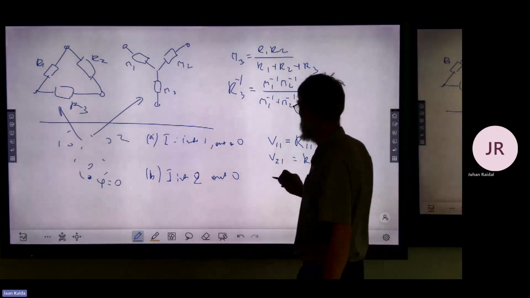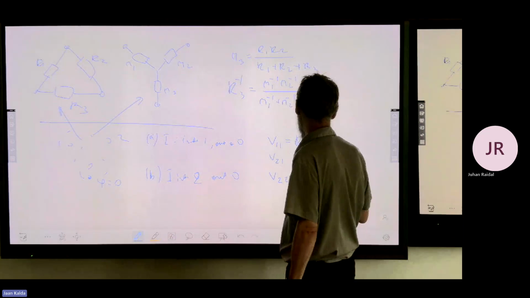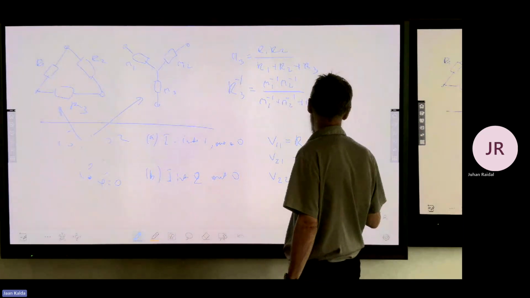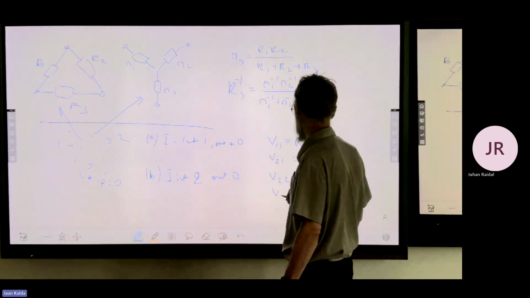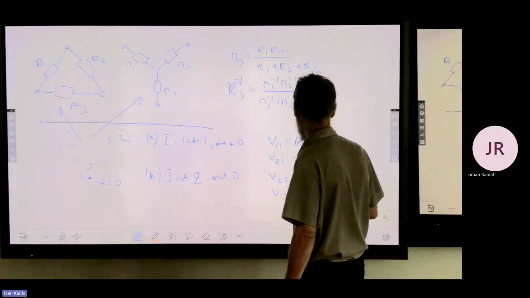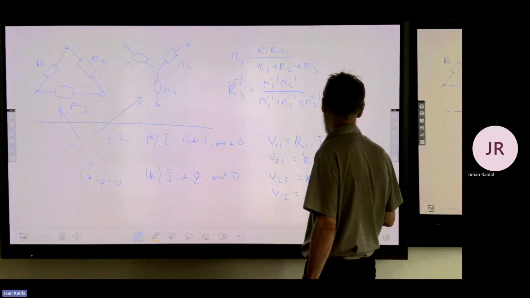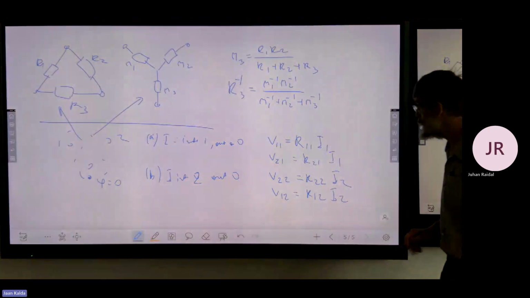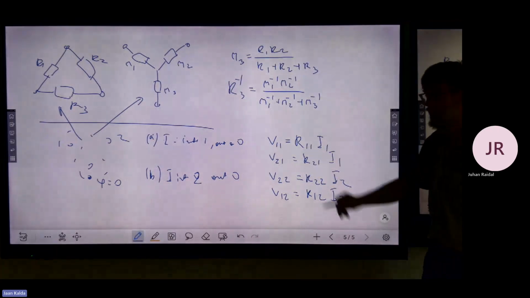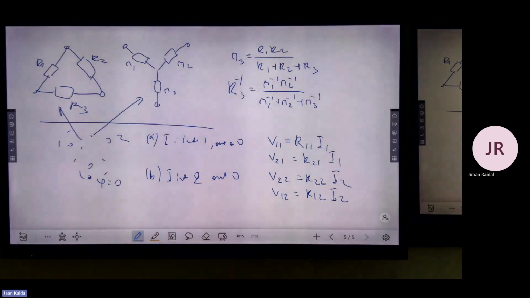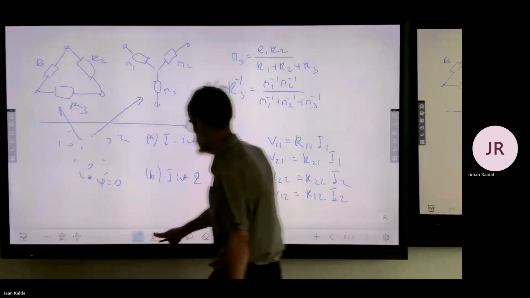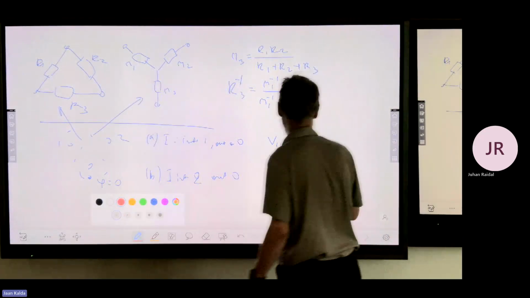And then we have V22 is R22 I2. V12 is R12 I2. And now we have 4 parameters that characterize it, right? But reciprocity tells us that those two are equal.